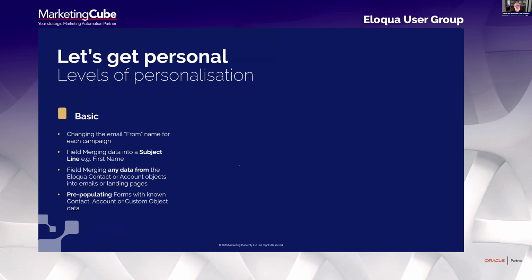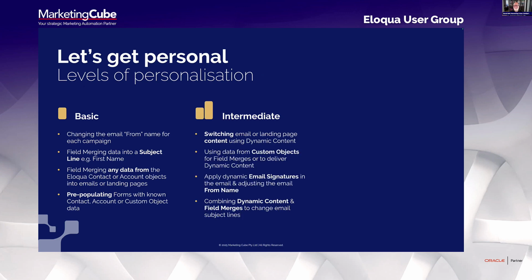At a basic level, maybe it's the from name in each email being a bit more personalized instead of just your company brand. Subject lines, maybe you're popping field merges in there. Field merging any data from across Eloqua would certainly be a basic level of what we're trying to achieve. And certainly pre-population of forms. Now, that's an out-of-the-box Eloqua function, but are you using it is a good thing to understand.